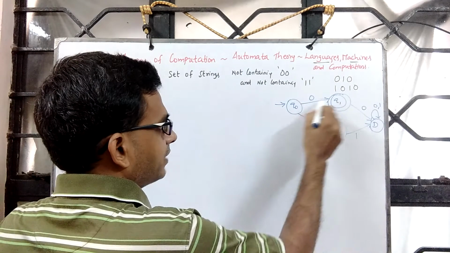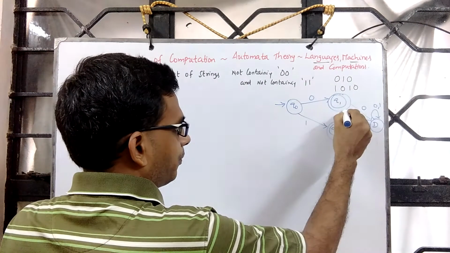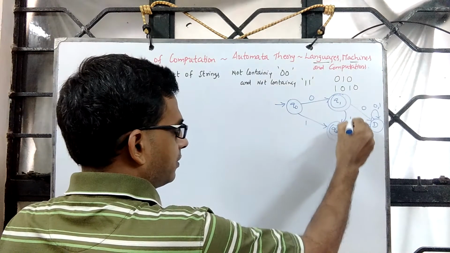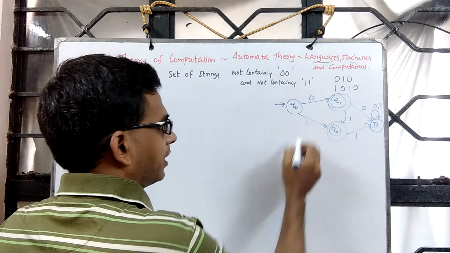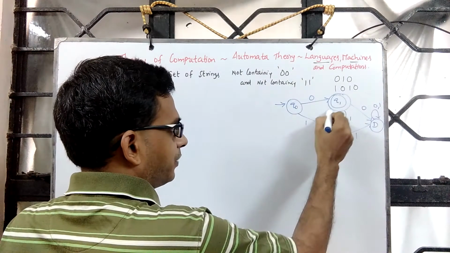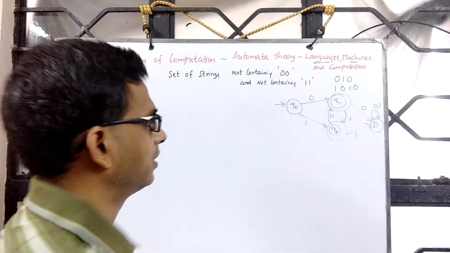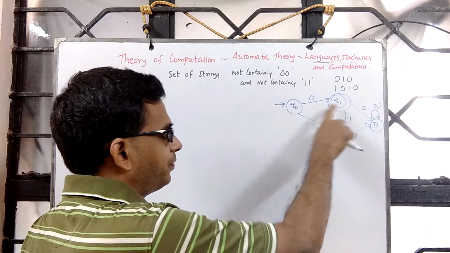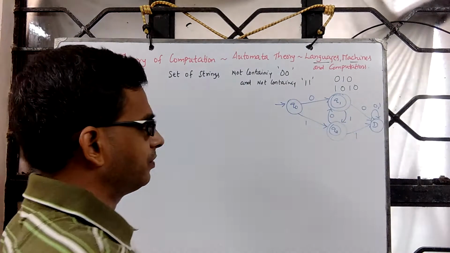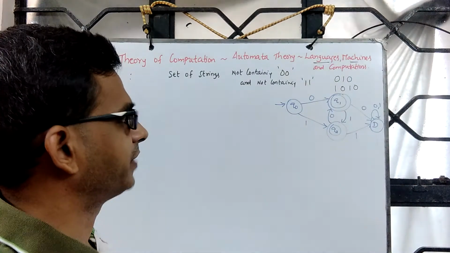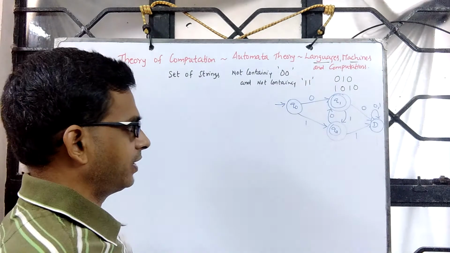So after reading a 0, one can read a 1, that's valid, so go to this state. And after this 1, you read a 0, it is still valid, go to this. Now you can continue to loop and accept the 0101 pattern or the 1010 pattern, and that's all allowed.